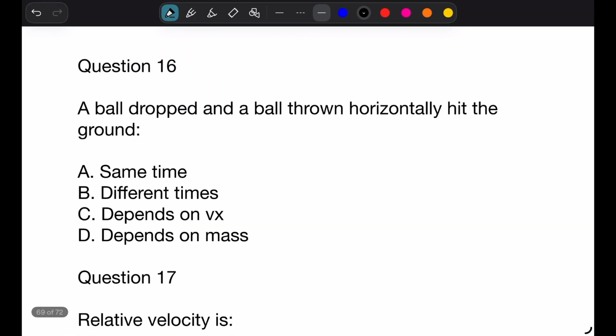Let's say that we have a ball dropped and a ball thrown horizontally are going to hit the ground. How are we going to figure out what these two have? Well, we know vertical motion determines time. We know both have the same h initial.